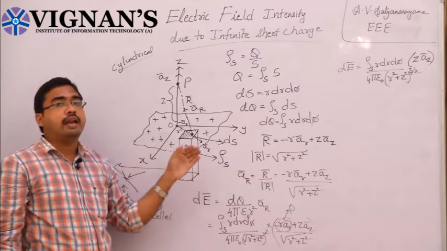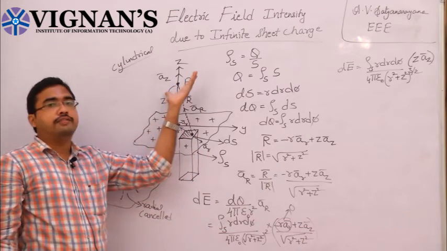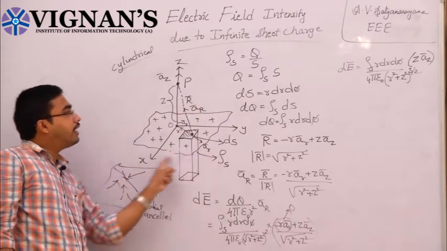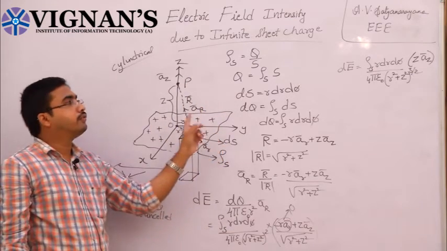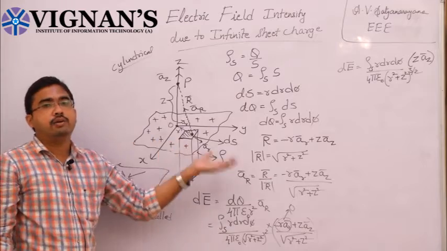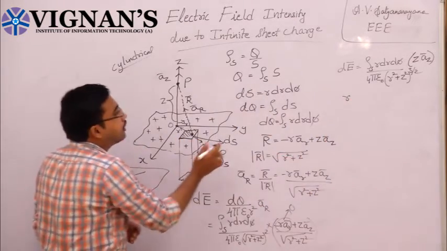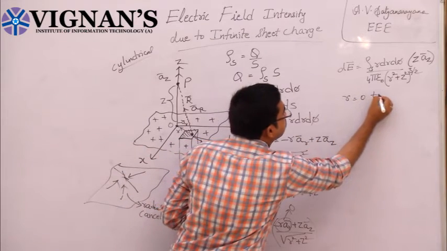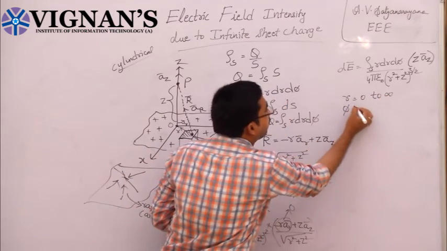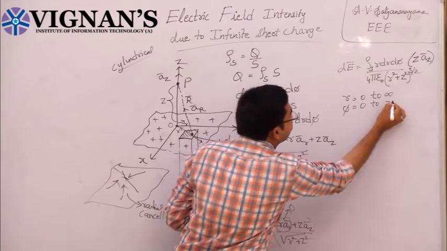But we need to calculate the entire electric field intensity due to this complete sheet of charge. So, for that we need to integrate over the limits. In this cylindrical system, the radius will vary from 0 to infinity and phi will vary from 0 to 2 pi.